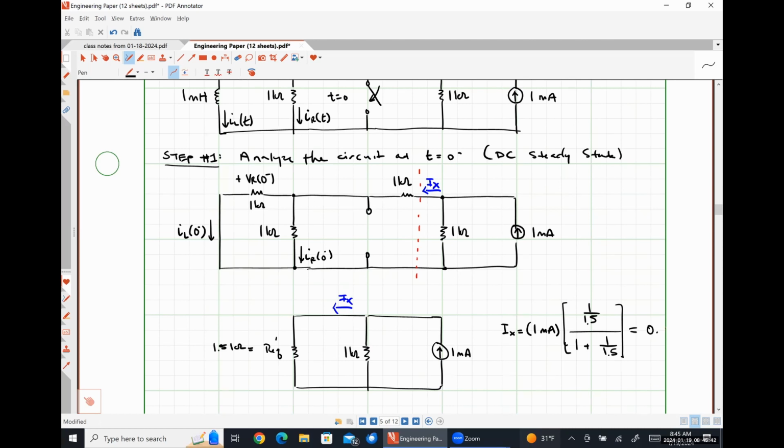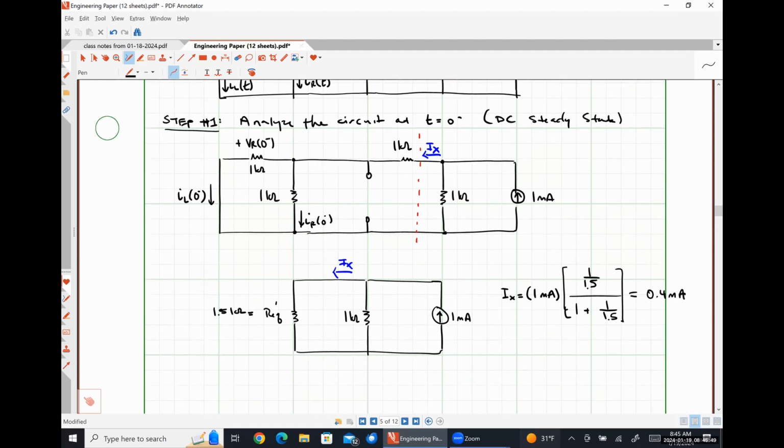Okay. From this, IL at 0 minus must be what?